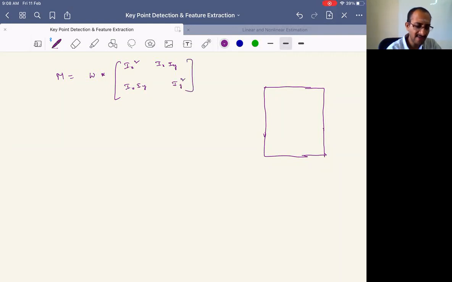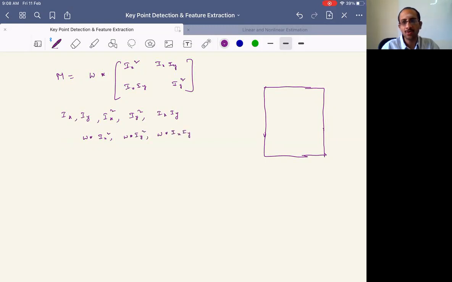The process is: first find Ix and Iy, then Ix square, Iy square, and Ix Iy. Then find W convolved with Ix square, W convolved with Iy square, and W convolved with Ix Iy.